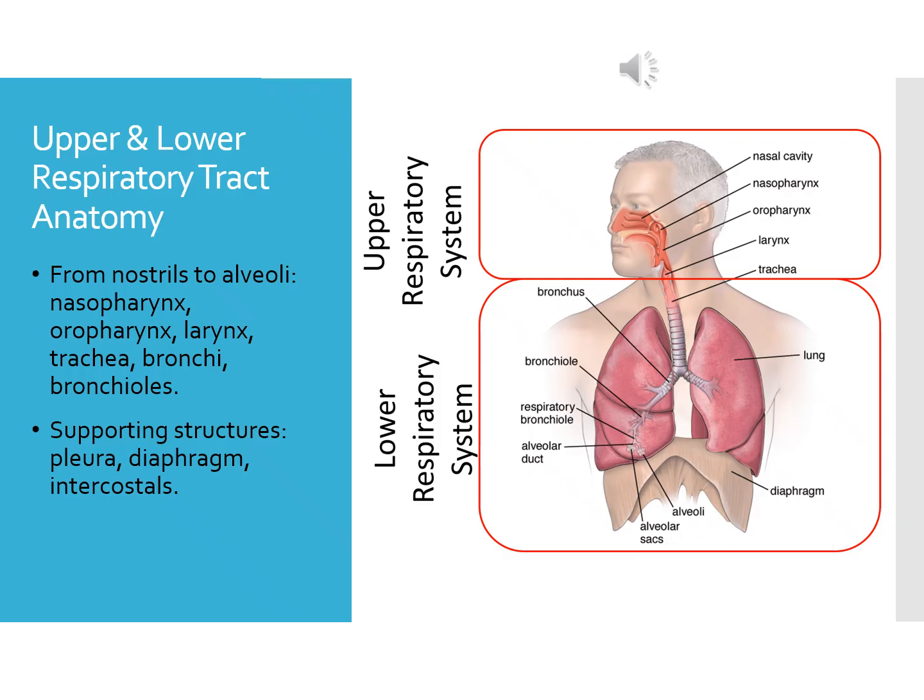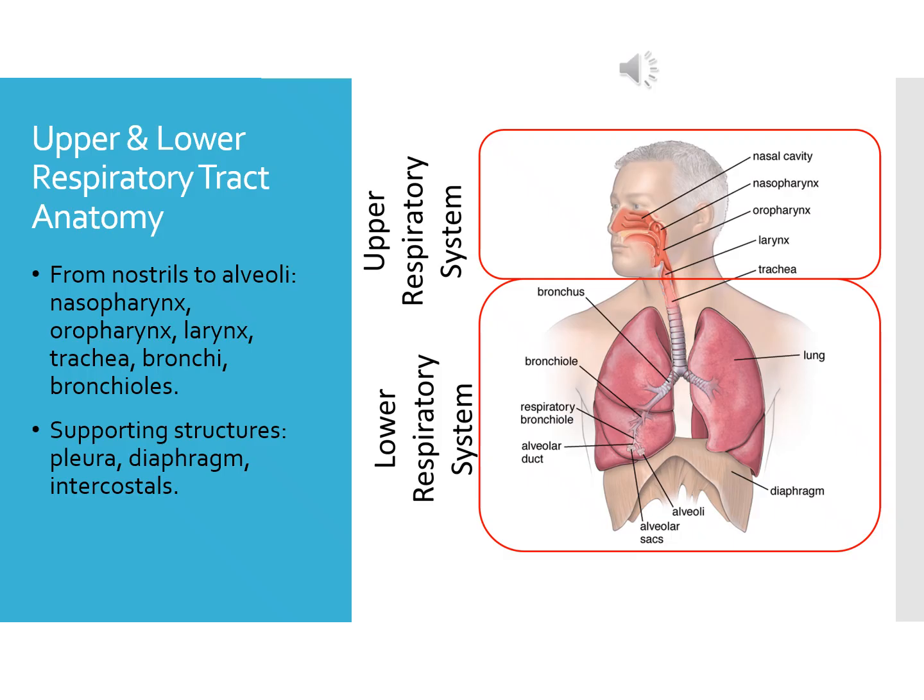The pleura helps to protect the lungs itself and helps to create an environment where we have enough pressure on the lungs to be able to maintain inflation of the lungs. So we'll talk about the pleural space as well. Then we have our intercostals. These are the muscles in between our ribs. Inter means in between, costals meaning ribs. And this helps with breathing and the movement of our chest wall.